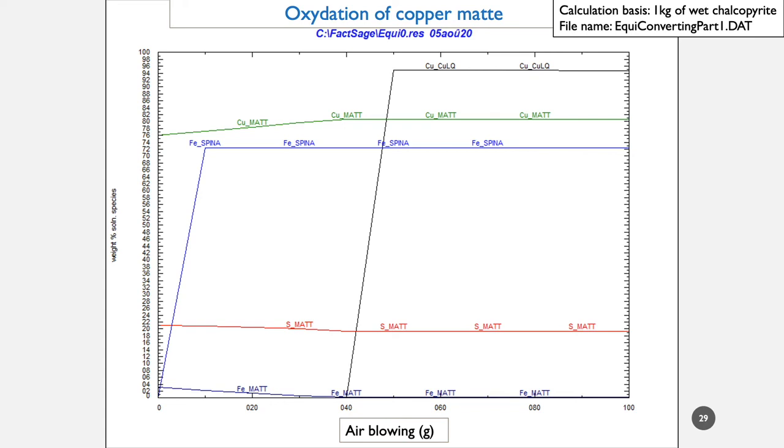And we can see here that we are forming liquid copper, which we do not want. We want to keep just our matte and slag phase to be able to separate them. So we are choosing alpha equals 40 since this is where the iron percentage is stabilizing and we still do not have any liquid copper.